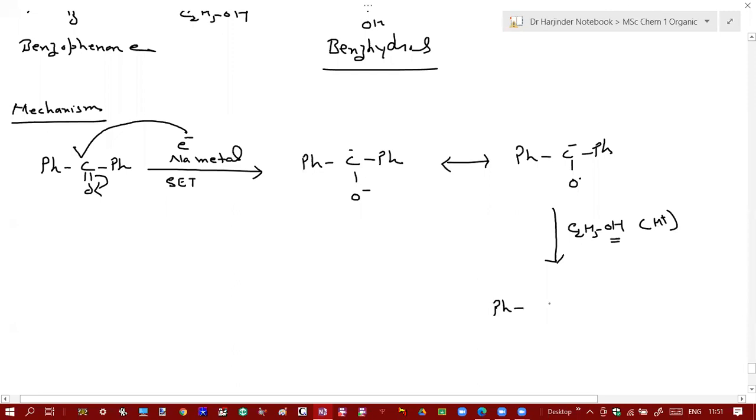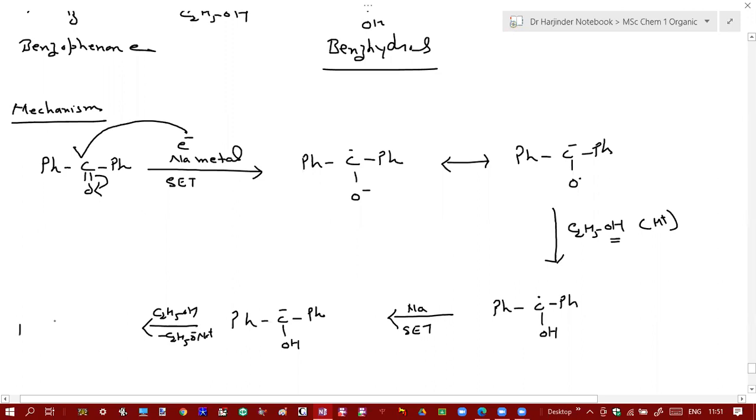Then again there will be an electron transfer from sodium, and now the carbon will acquire a negative charge. Finally, it will again take an H plus ion from ethanol to give rise to benzhydrol.